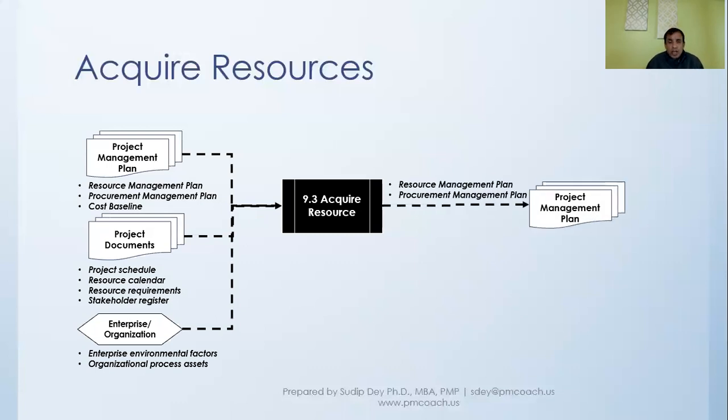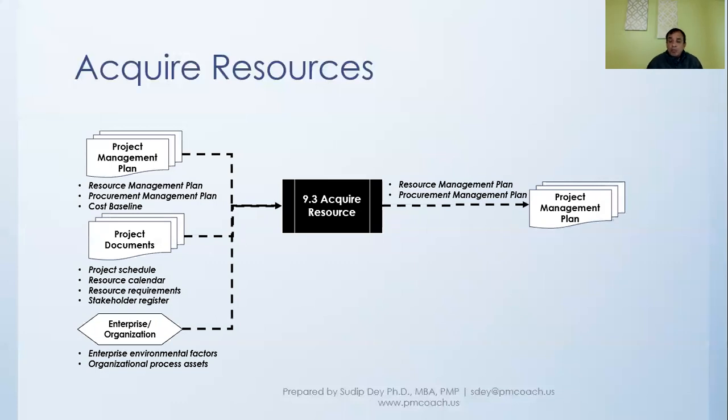In acquire resources, we are going to look at how we obtain resources, and once we do that, we will have some outputs. There will be updates to the project management plan. There might be something happening in the procurement, so the procurement management plan will get updated.